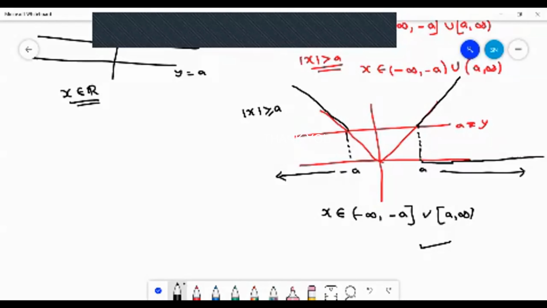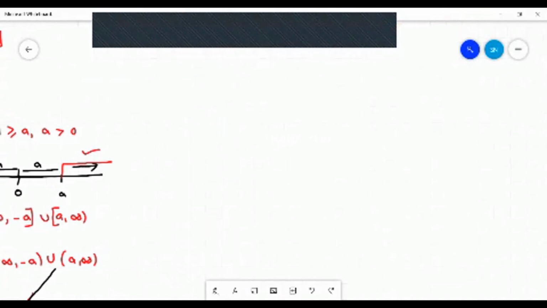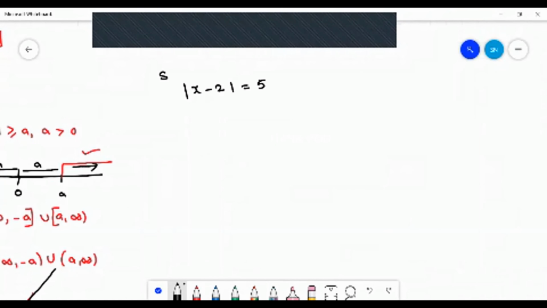When you apply this knowledge while we are having some questions, for example, modulus of x minus 2 is equal to 5. We need to solve this elementary modulus equation.